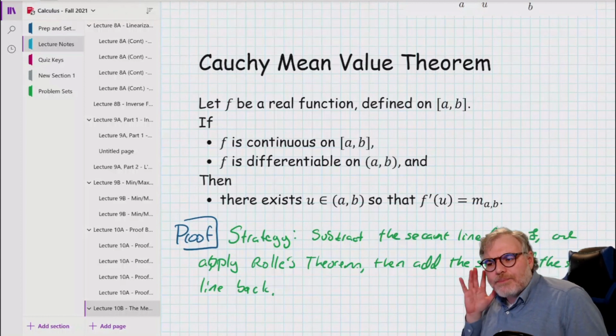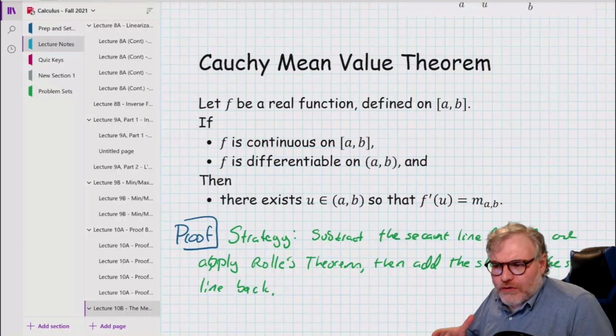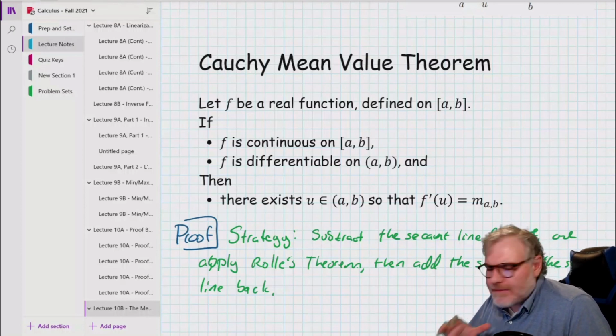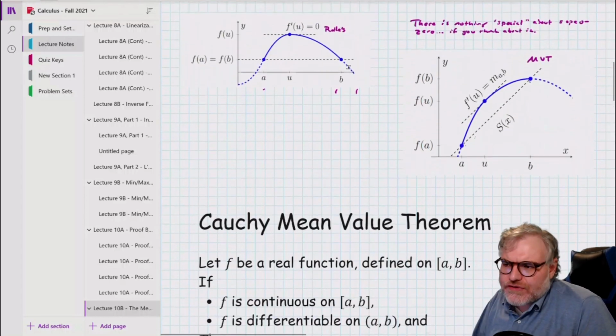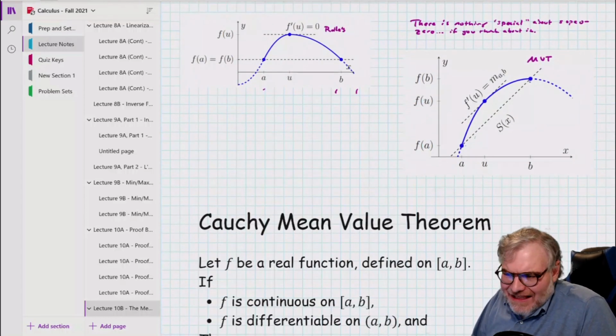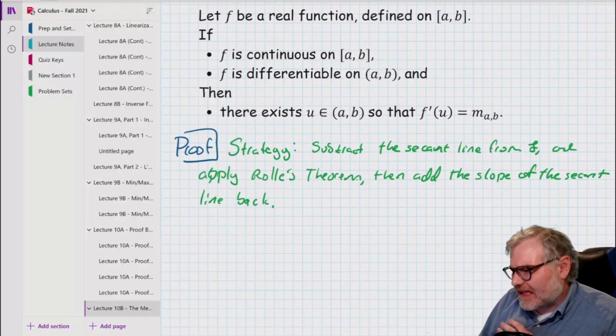So now, how do we prove this? Well, again, this is almost Rolle's theorem. In fact, it's Rolle's theorem, except that I have this other slope, the secant line. So what would happen if instead I subtracted the secant line?